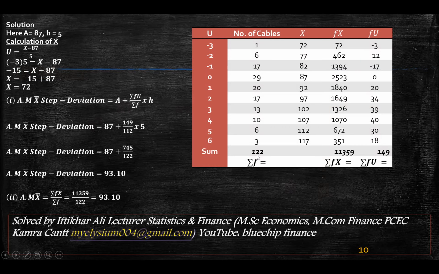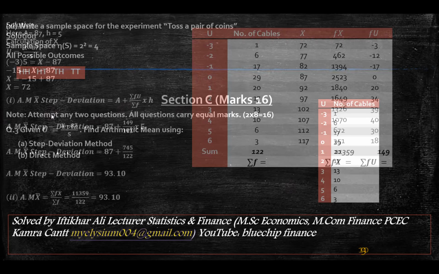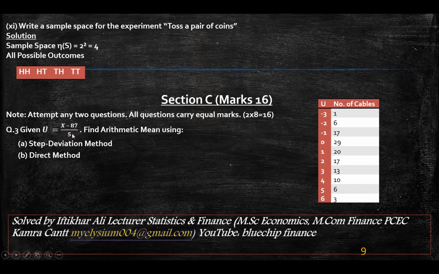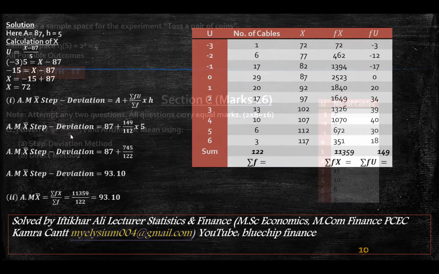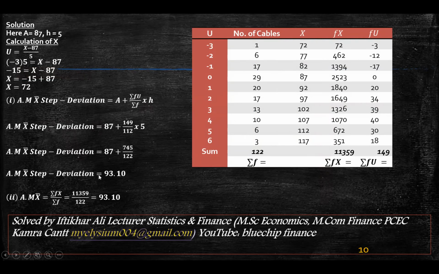The sum of fu is 149, the sum of f is 122, and h is given here. h is 5 because u is equal to x minus a divided by h. So a is 87 and h is 5.